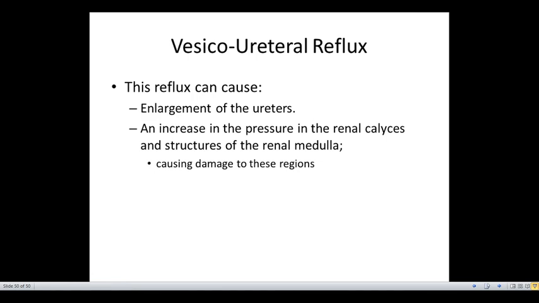Now, this reflux, if persistent, can cause enlargement of the ureters because of holding more than urine, and an increase in the backward pressure in the renal calyces and structures of the renal medulla, and therefore causing damage to these regions.